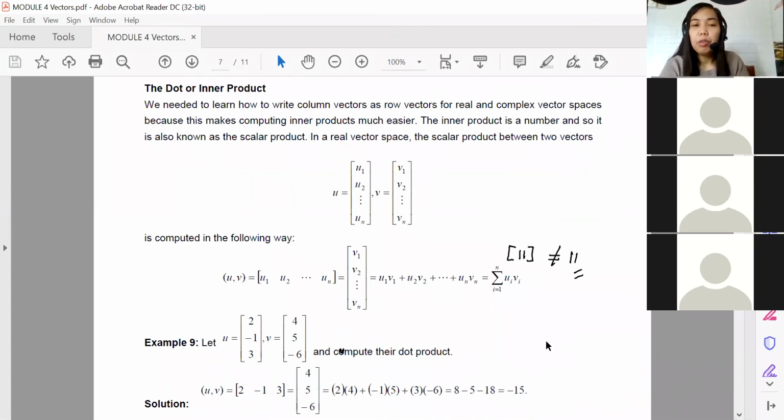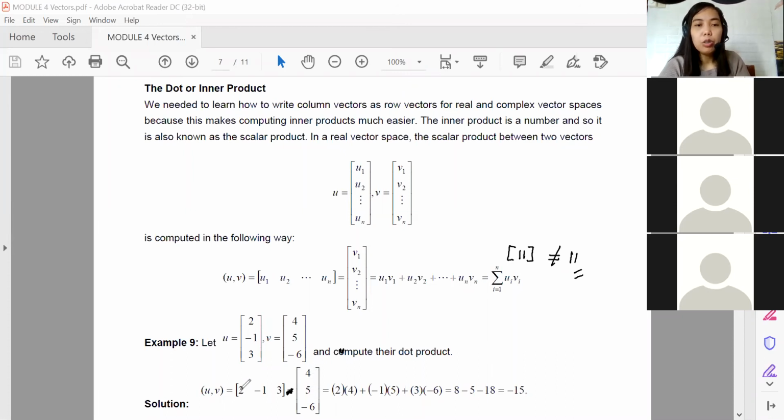Let vector u be equal to 2, negative 1, 3, and vector v 4, 5, negative 6, and compute their dot product. So we will find uv. Okay. So we will transpose this, your column vector into row vector, multiply by v. So again, wala tong equal sign na to, class, ha?